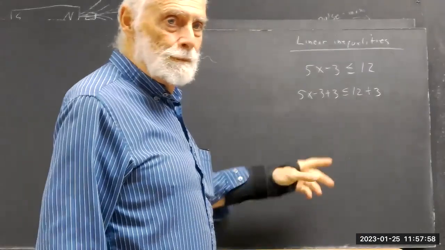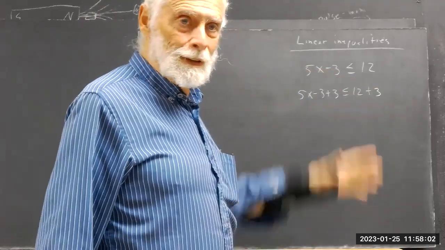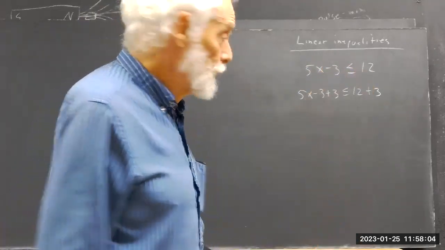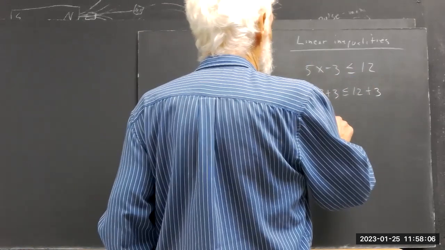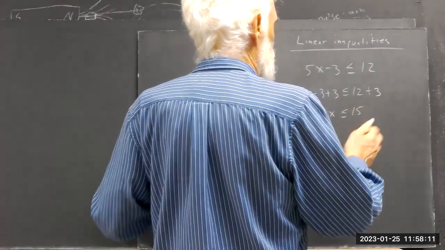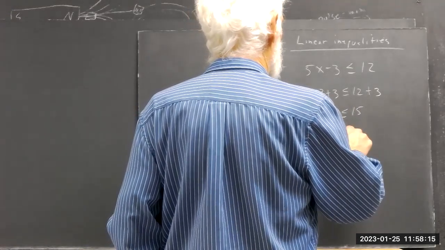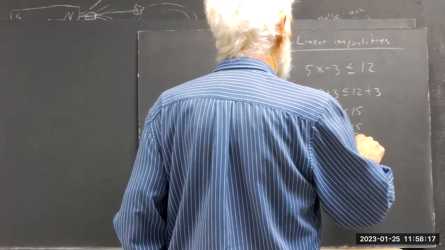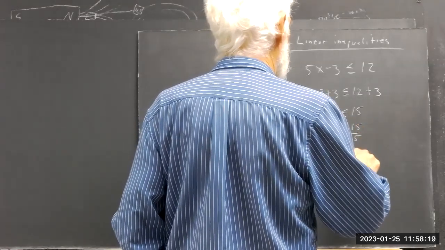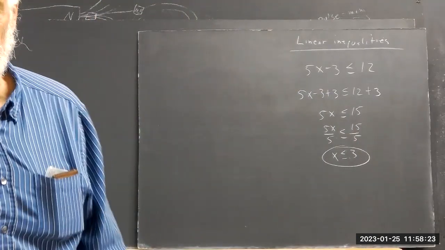You could add the equation that 3 equals 3 to this inequality, and you're going to get the same result, which is 5x is less than or equal to 15. Then you can divide both sides by 5, and you get x less than or equal to 3.